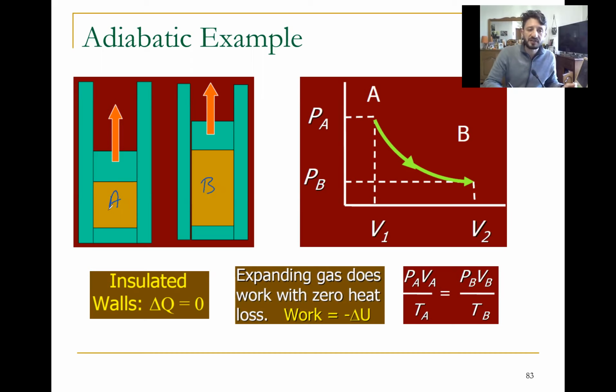Initially, at the point A, we have a small volume. I want to increase the volume. When we increase the volume without adding any quantity of heat, the pressure will decrease.